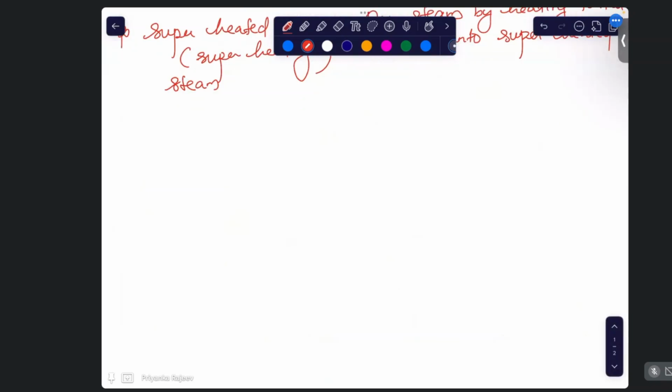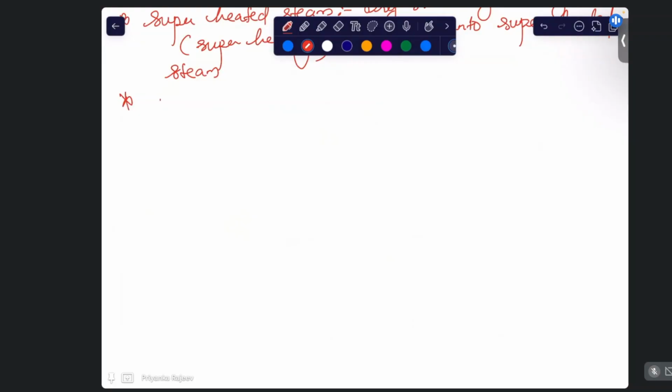Now, next up, sensible heat of water. Sensible heat is the exact opposite of latent heat.